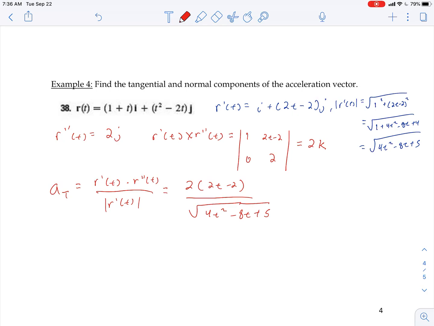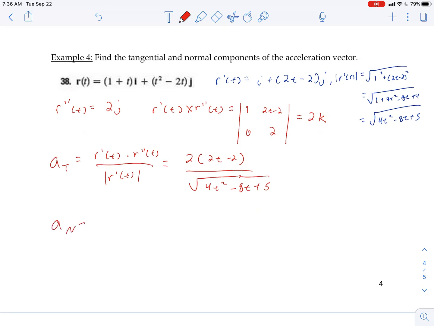Then the second part is a sub n, which is going to be the magnitude of the cross product of the two derivatives divided by the magnitude of the derivative of r, which is just 2, the square root of 2 squared is just 2, over the square root of 4t squared minus 8t plus 5.